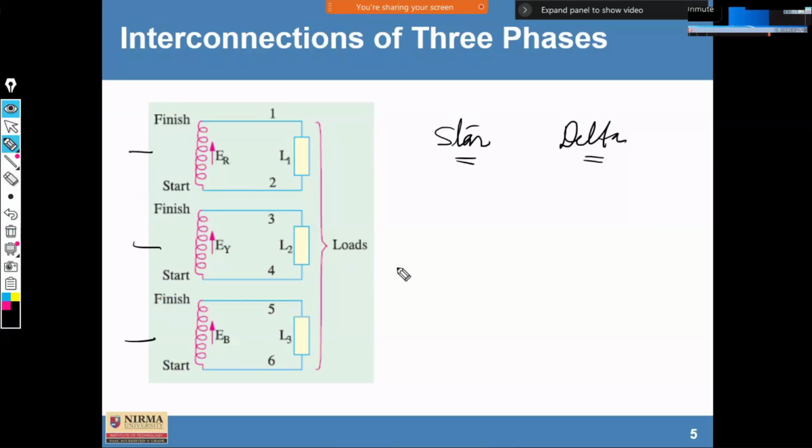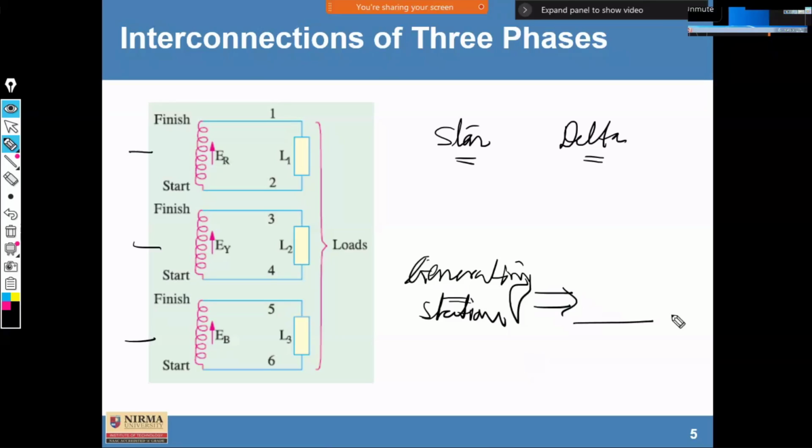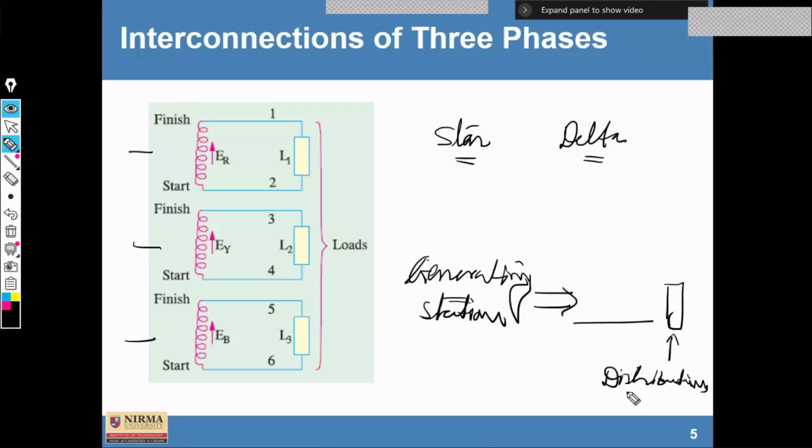because whatever power is generated at the generating station, fine, the power is transmitted, and this transmission, up to the distribution system, the power is transmitted in a balanced condition.